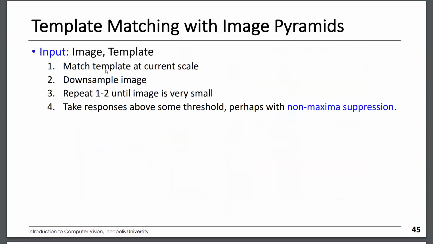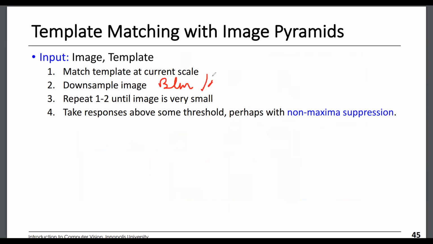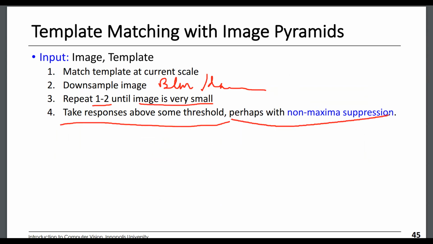So basically, this is the algorithm: match template at current scale, then downsample the image. Downsample means blur and downsample, of course. Repeat 1 and 2 until the image is very small, and take the response above some threshold, perhaps with non-maximum suppression.